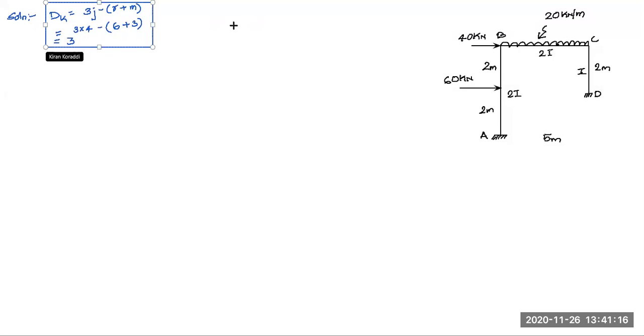That is one way. Or else you can directly identify it in the structure itself. Look at the joints. At A, no displacements are possible because it is fixed. Translation in x direction is restrained, translation in y direction is also restrained, and even the rotation is restrained.